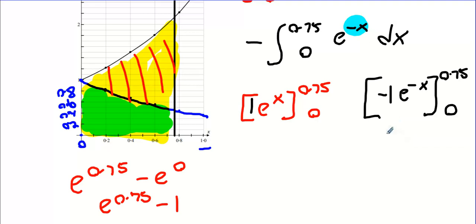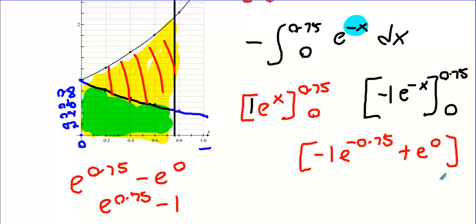And then this region here is minus 1 times e to the minus 0.75. And what's a double minus? A plus at e to the 0, isn't it? So what is it? Plus 1.